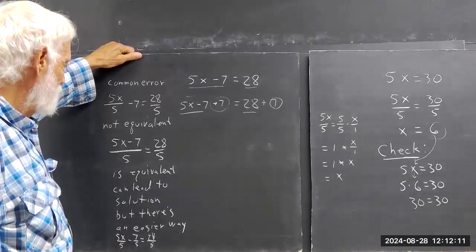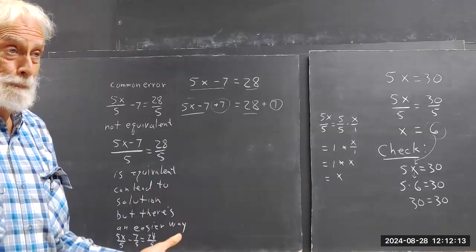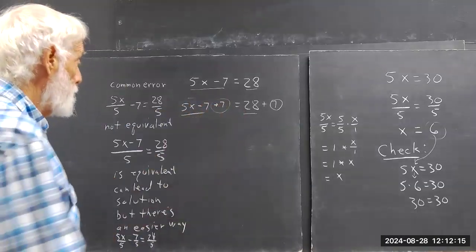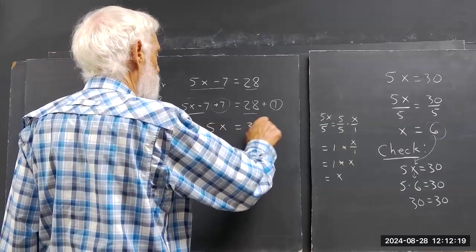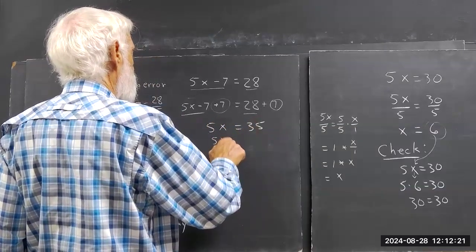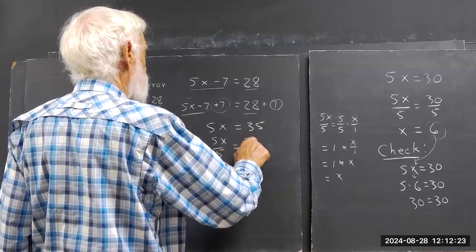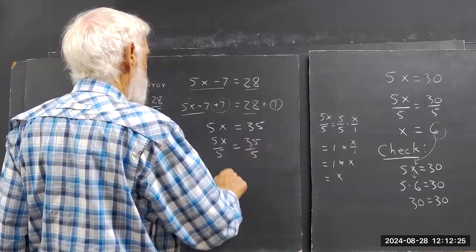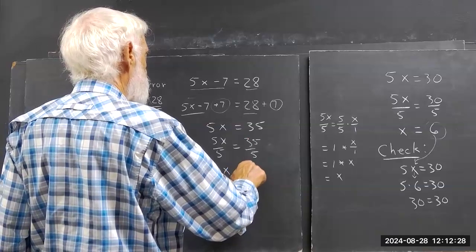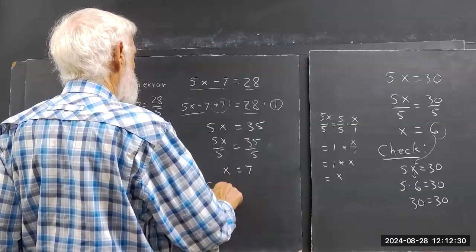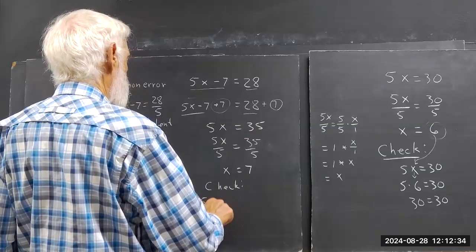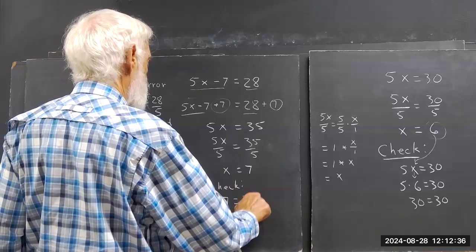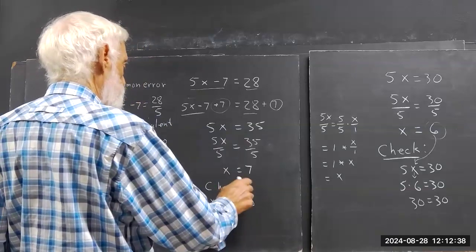Get the idea? So we do this, and now we have 5x equals 35. We have 5x over 5 equals 35 over 5, leaving us x equals 7. We check. 5x minus 7 equals 28.